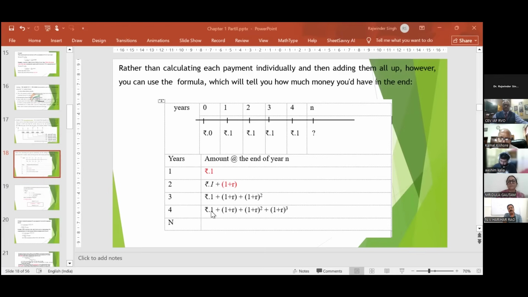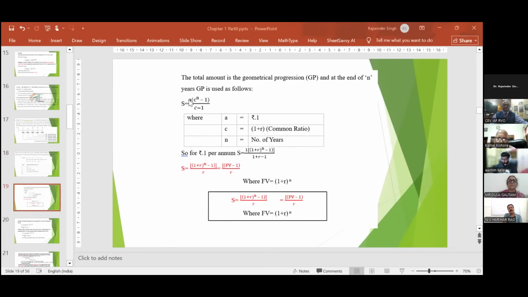I am just asking what formula you will apply for calculating the sum of this series. You must have learned geometric progression in your senior secondary level. How to calculate the geometric progression in mathematics?